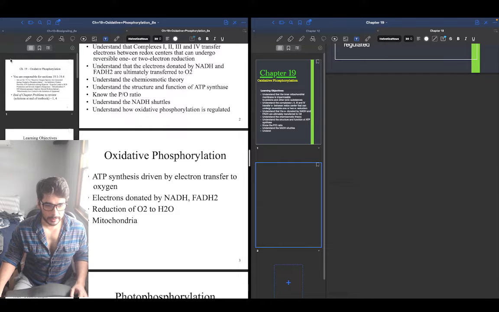So the first, ATP synthesis driven by electron transfer to oxygen. So let's figure out what she was trying to say here. I mean, very clearly what she was trying to say, but oxidative phosphorylation.